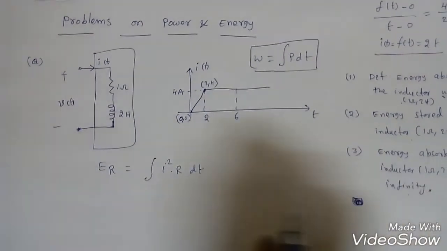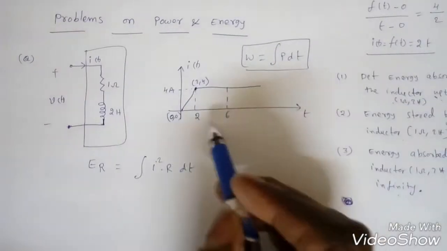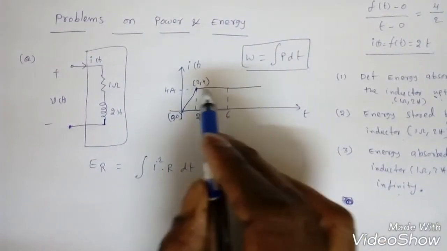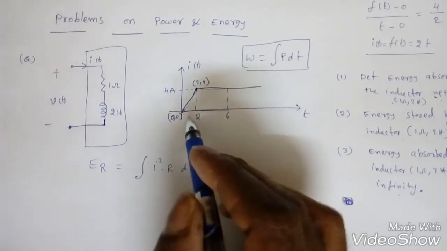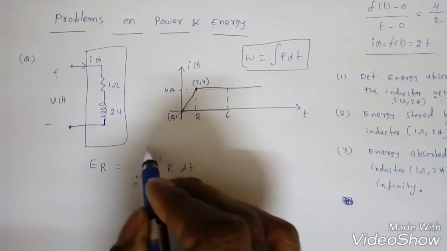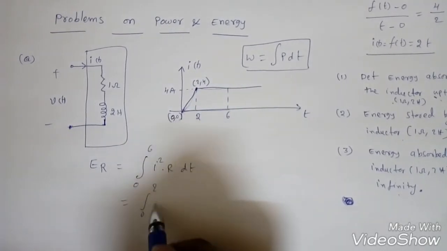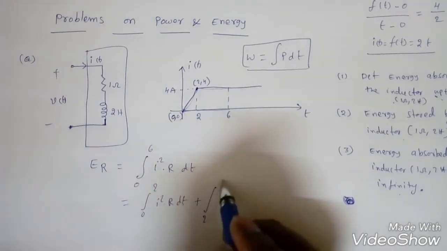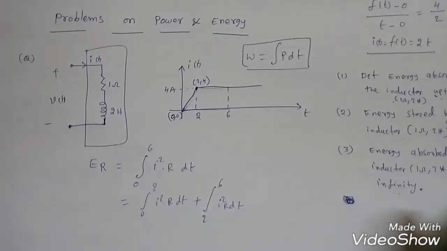Now we need to find up to 6 seconds. From 2 to 6 the current is constant, but from 0 to 2 it is varying. So the integral from 0 to 6 will be divided into 0 to 2, I square R dt, plus 2 to 6, I square R dt.